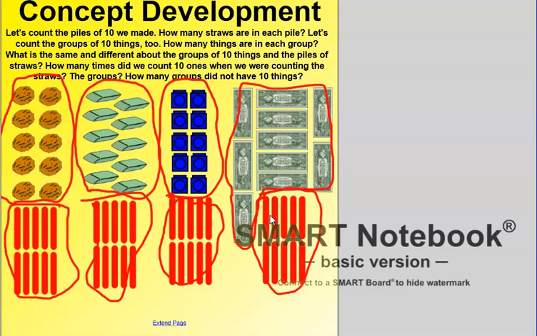So over the next few days, what we're going to learn to do is count by tens. If we know we sorted everything into a group of 10, we can count it by tens, like this. So we have 8 groups of 10. So we go 10, 20, 30, 40, 50, 60, 70, 80.